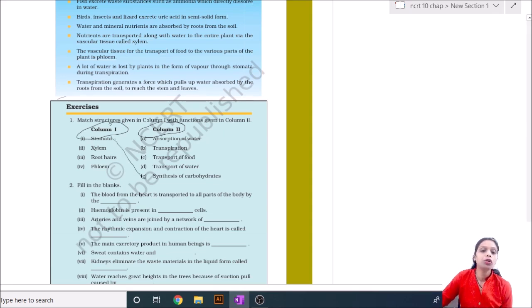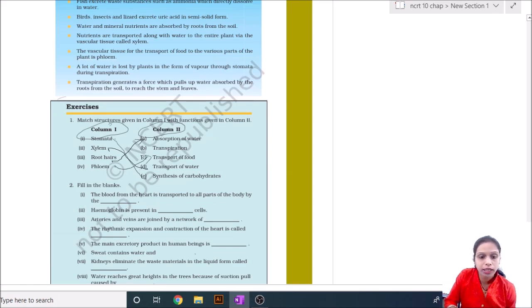You already know that the leaf is the food factory of plants and it synthesizes the food. Xylem transports the water and minerals through the parts of the plant, and root hair absorbs the water and minerals from the soil through the root, and phloem transports the food.